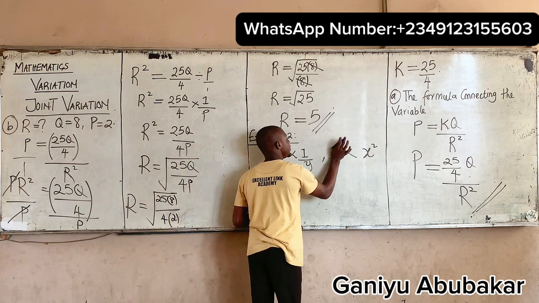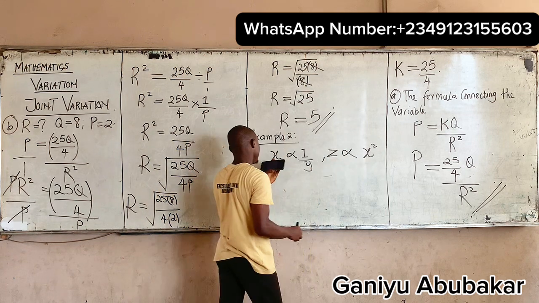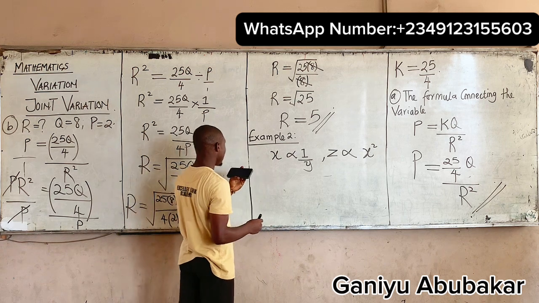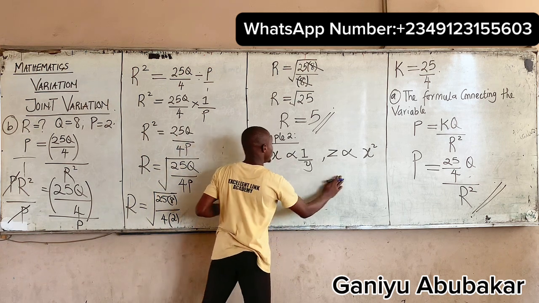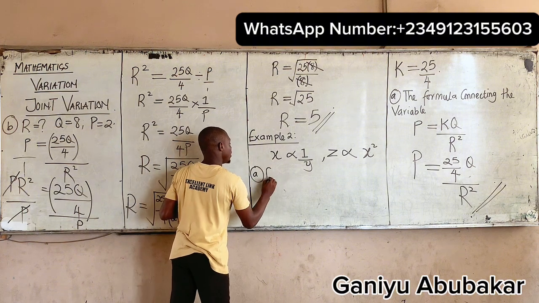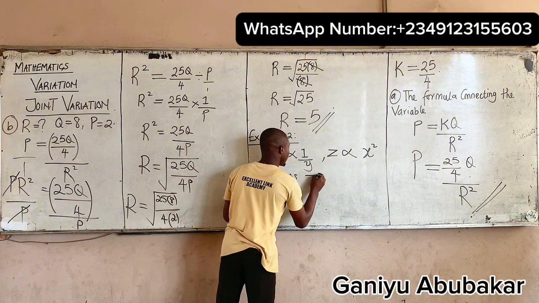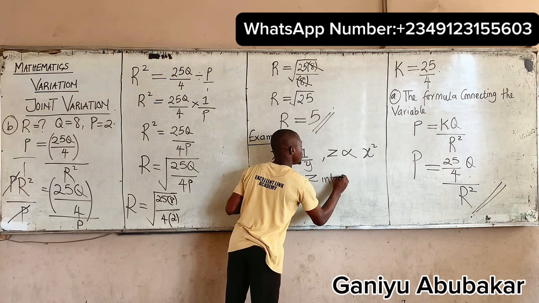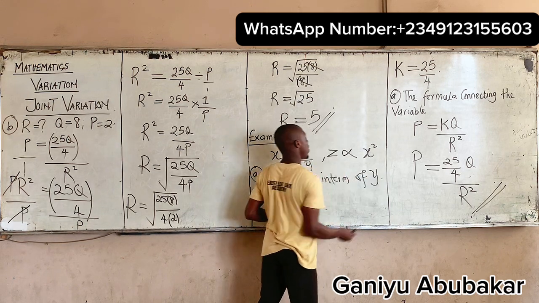Z varies directly as what? X squared. The next question, A, now says express z in terms of y.